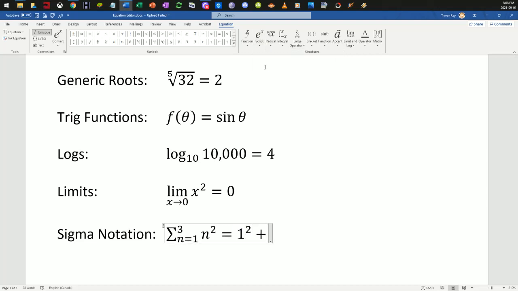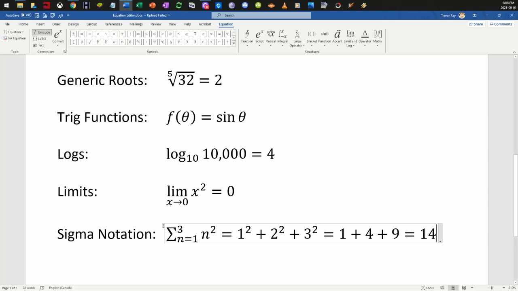And then we add up the next one, which would be 2 squared, because after 1 comes 2. And then after that would come 3 squared. And once we hit the 3, we stop because it says start at 1, stop at 3. And then from there, we can evaluate that manually, and that's 1 plus 4 plus 9. And that should just equal 14.